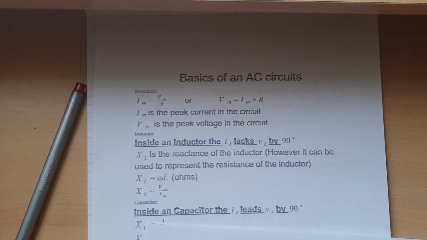So inside of a capacitor, it will be ahead by 90 degrees, while in an inductor it will be behind by 90 degrees. And I know it's very confusing, because you call lagging behind when the line steps over the original position, and you call it a lead when it goes behind the original position.